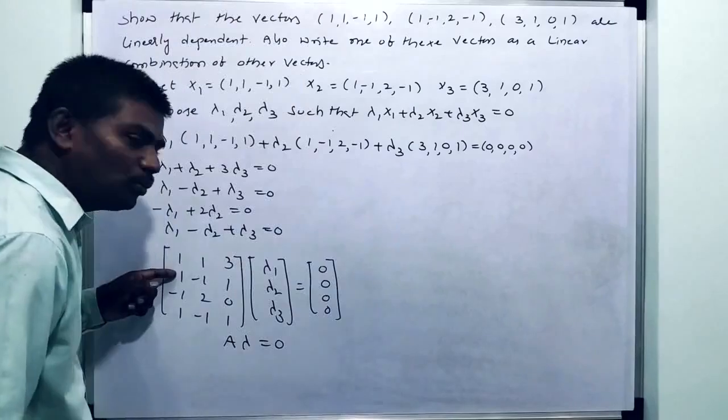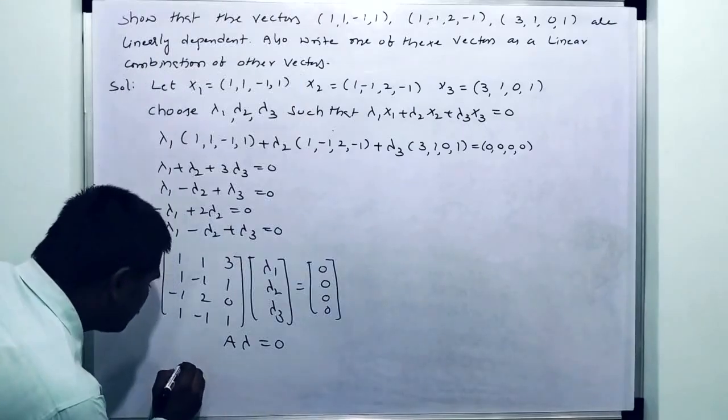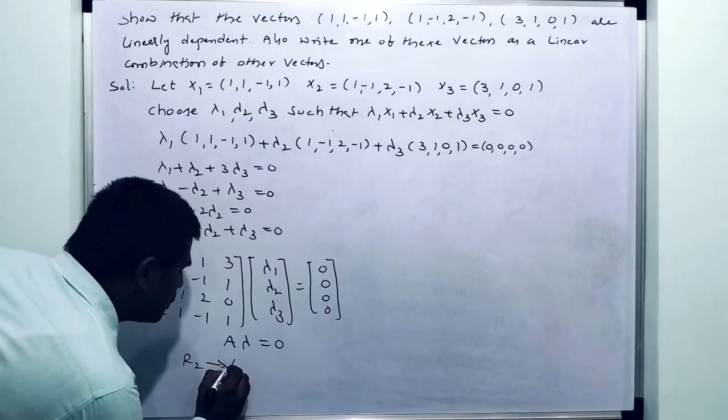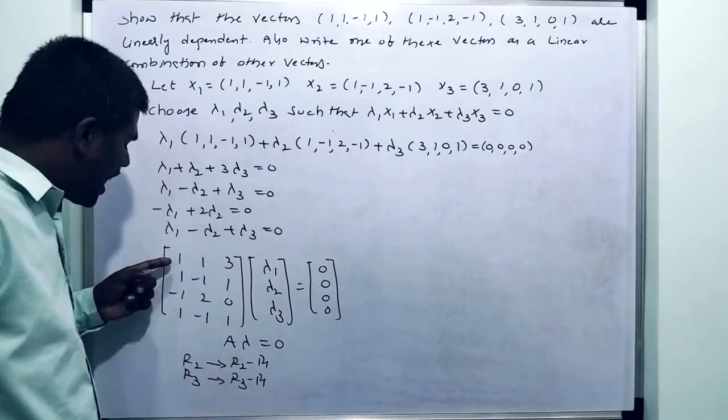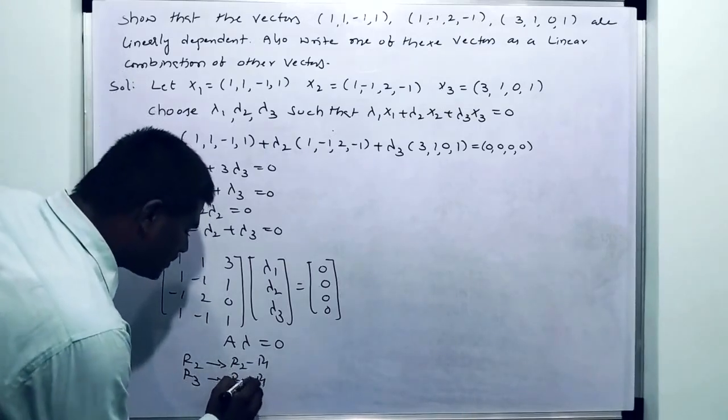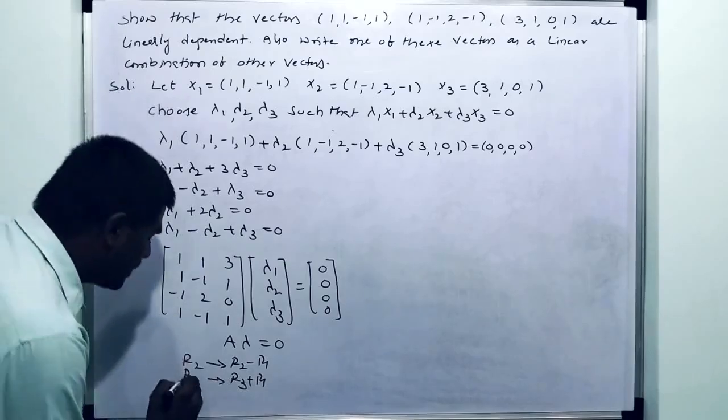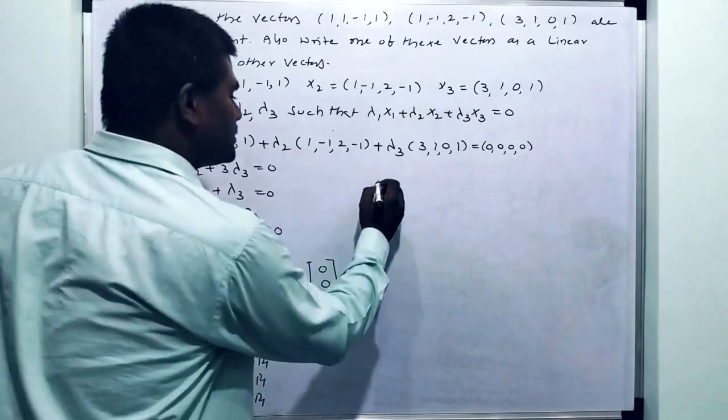That's why R2 tends to R2 minus R1, R3 tends to R3 plus R1, R4 tends to R4 minus R1. That is, no change in the first row.